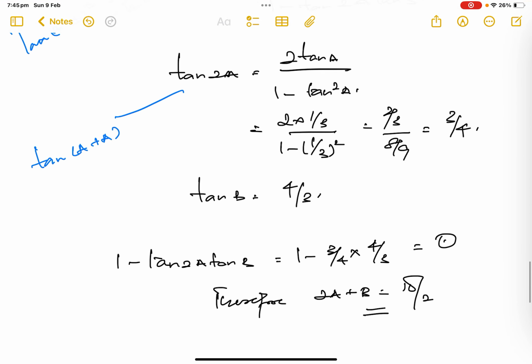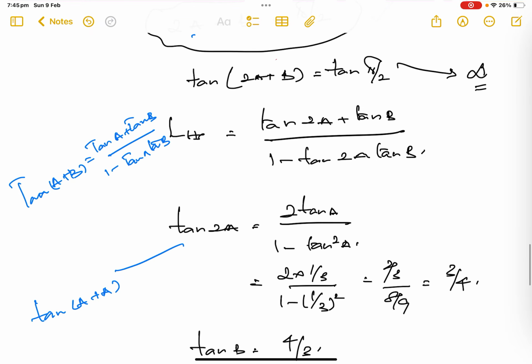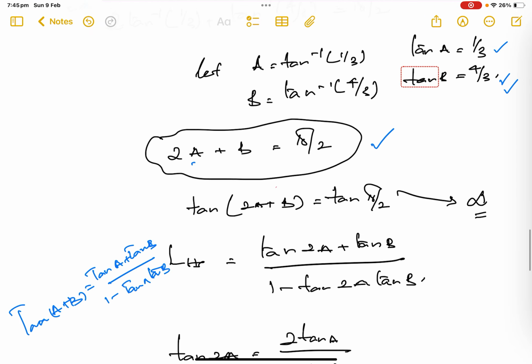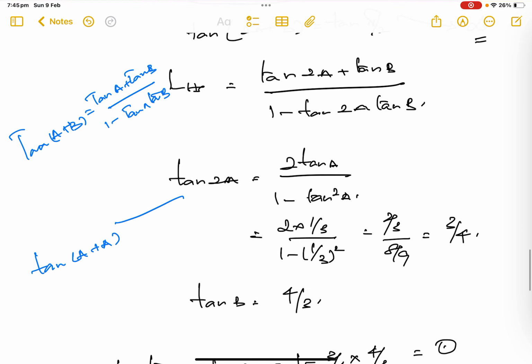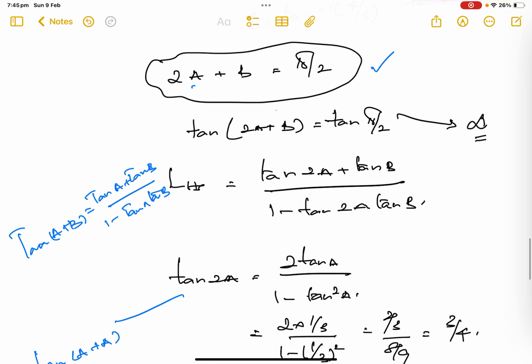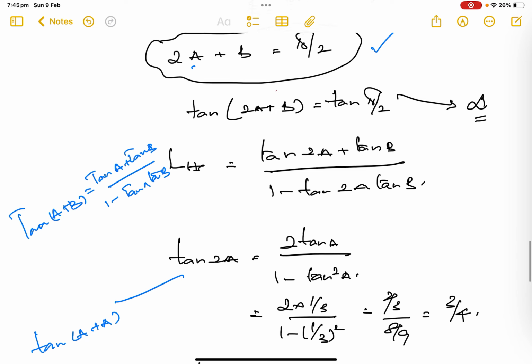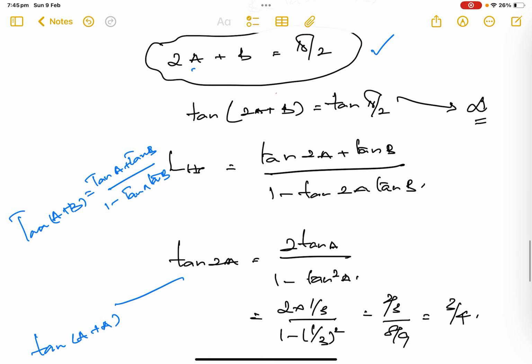Right, let's substitute the values. What we need to prove is that 1 minus tan 2A times tan B is 0. If we could prove that, the whole thing is infinity. That's the whole idea.